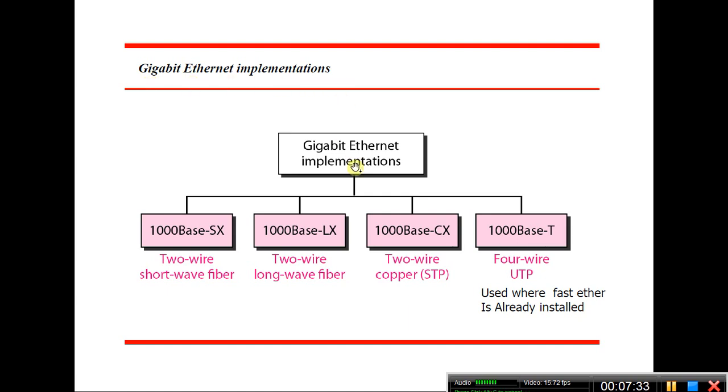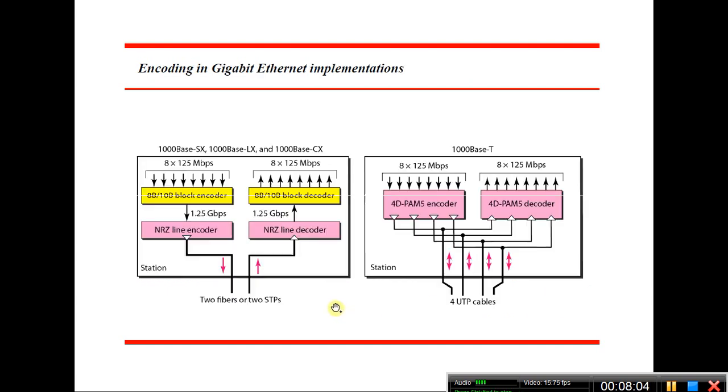Gigabit Ethernet implementations. There are 4 variations in gigabit Ethernet: 1000 base SX, 1000 base LX, 1000 base CX, and 1000 base T. 1000 base SX uses 2 wire short wave fiber cable. 1000 base LX uses 2 wire long wave fiber cable. 1000 base CX uses 2 wire copper STP cable, and 1000 base T uses 4 wire UTP cable.